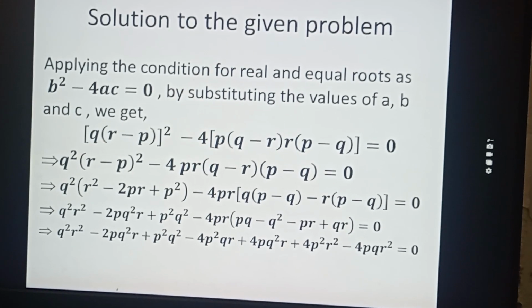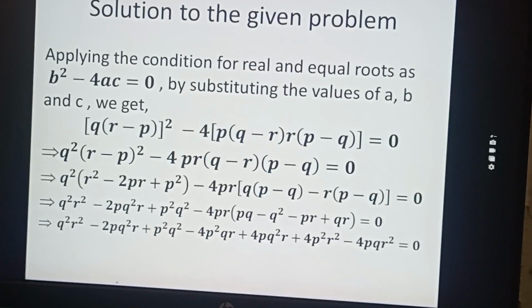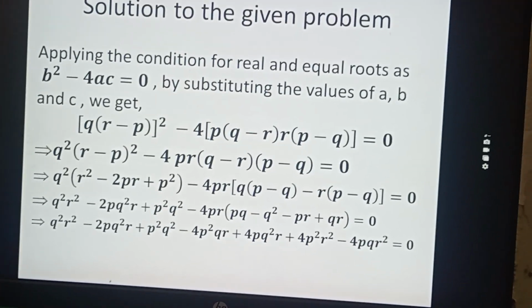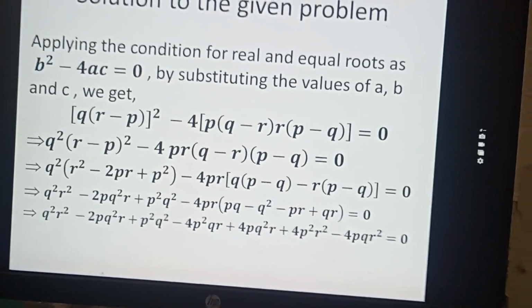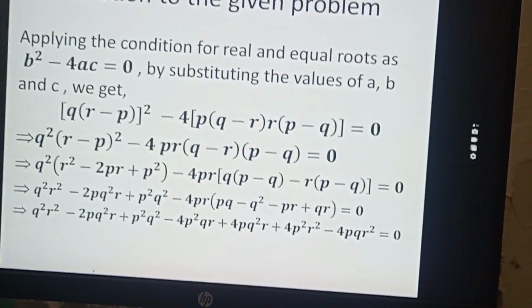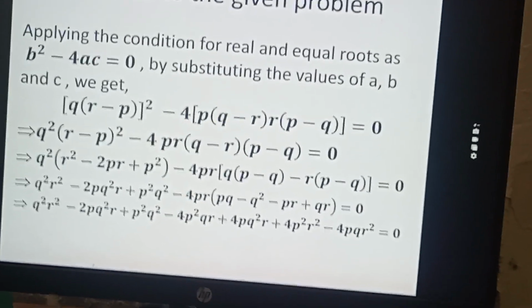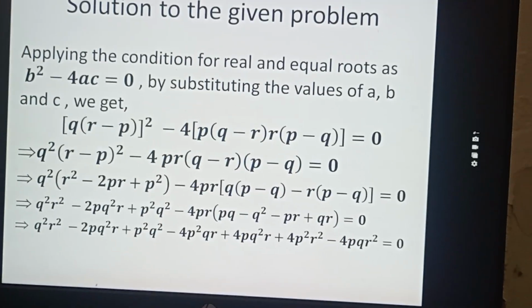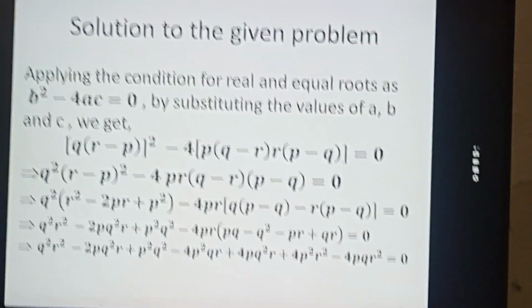So b squared is q(r minus p) the whole squared, minus 4 into p(q minus r) into r(p minus q), that is 4ac, equal to 0.